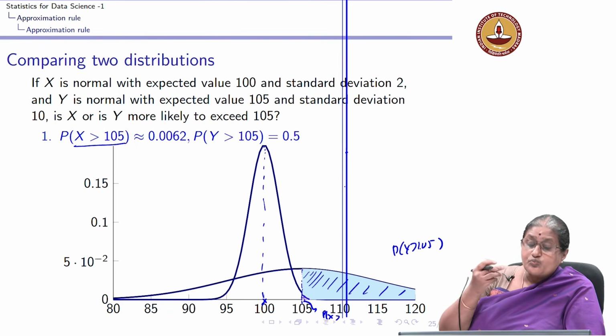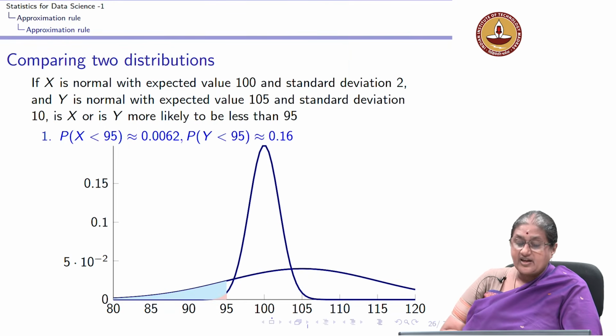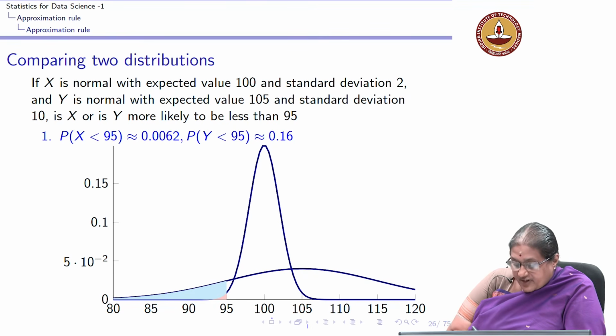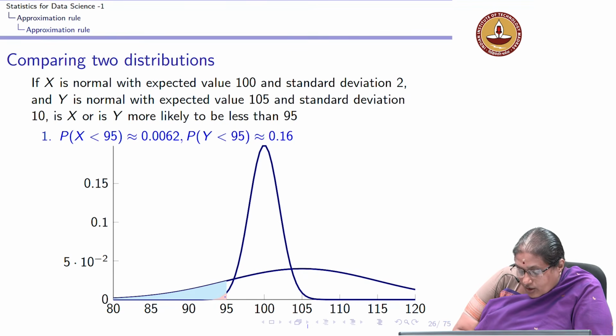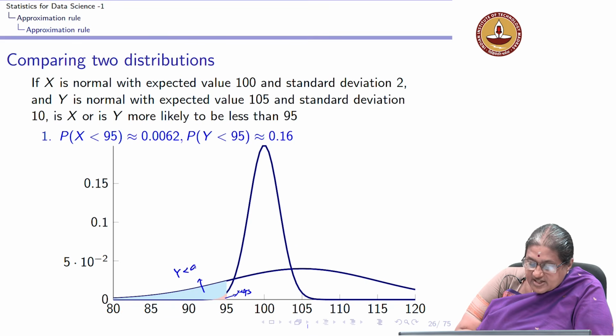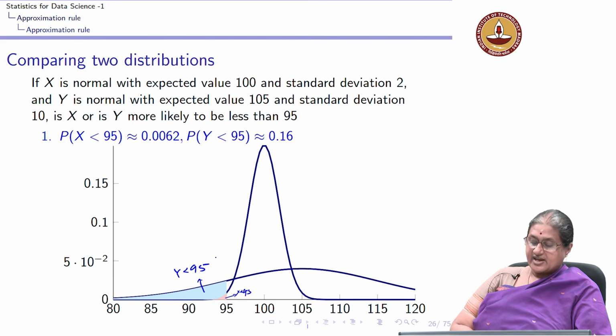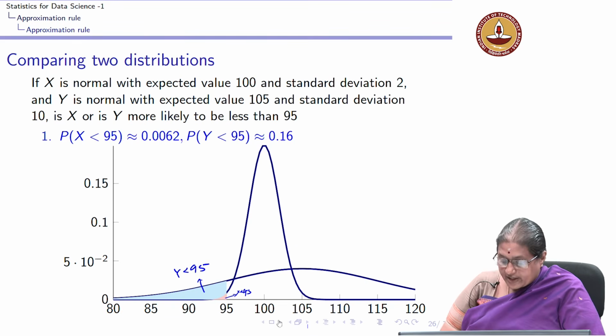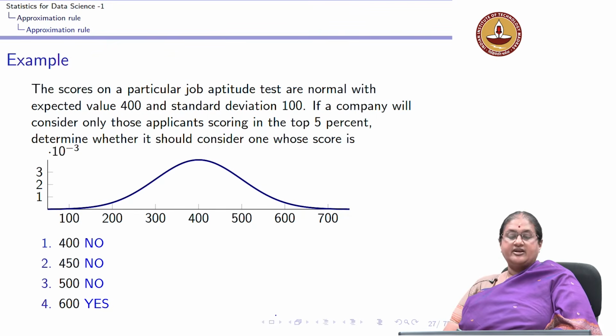So, y is more likely to exceed 105. Similarly, I am asking whether x or y is more likely to be less than 95. The orange region gives x less than 95, whereas the blue region gives y less than 95. Hence, again y is more likely to be less than 95.